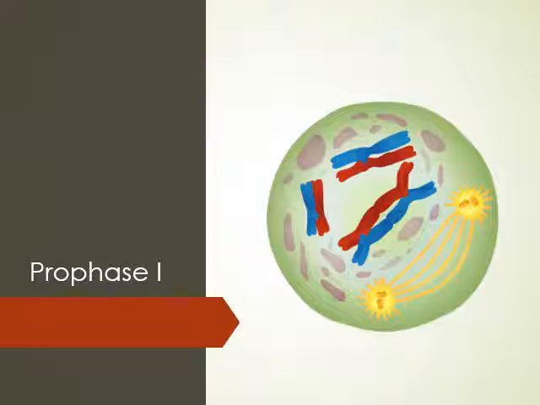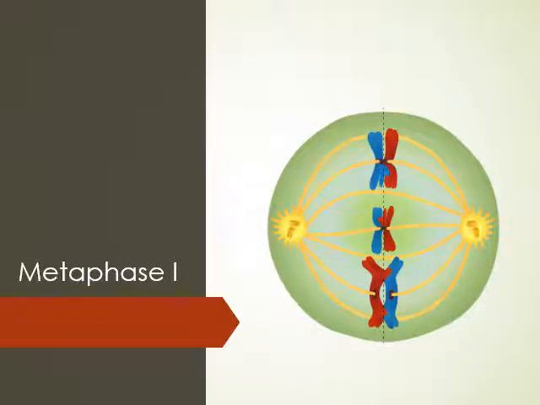First phase, prophase 1. The chromosomes thicken, the tetrads form, crossing over is occurring. The nuclear envelope dissolves, the mitotic spindle forms. Metaphase.